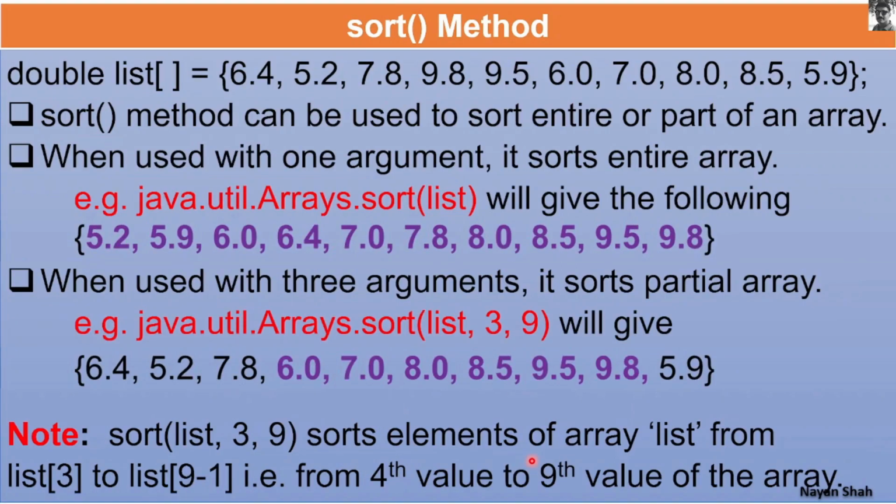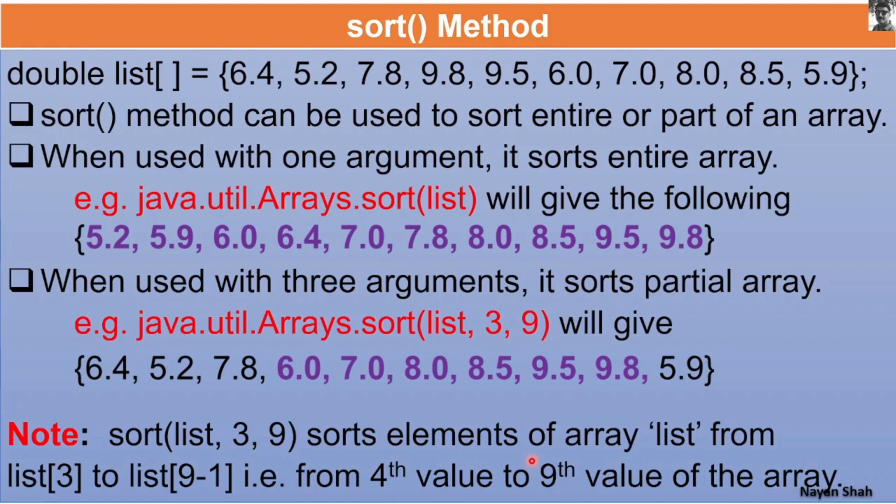So let us see with an example. If I have a list array of type double with all these values 6.4, 5.2, 7.8, 9.8 and so on. And now the sort method can be used to sort this entire array or part of an array.